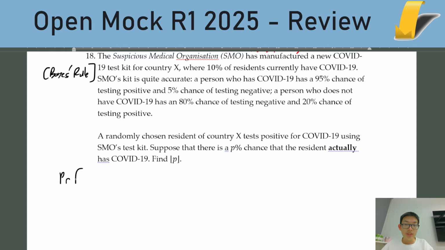So the question is, what's the probability that has COVID given a positive test? Now, it's called Bayes' rule just because of the fact that it has a formula. However, it's more about describing the phenomenon of conditional probability, which is a definition.